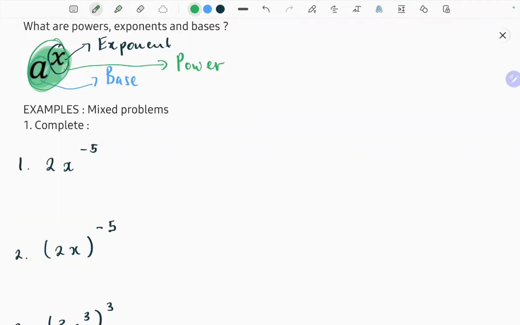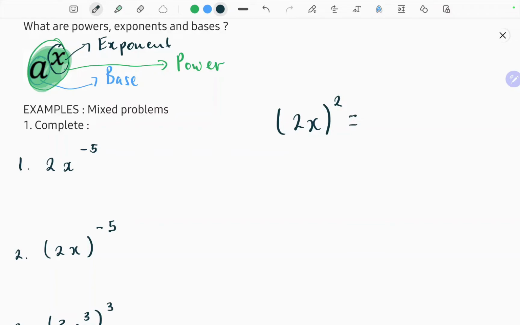Before I dive into the examples, which are mixed problems where you apply different types of laws of exponents, there's a few crucial and important laws of exponents that I need to discuss. For example, let's say we have 2x raised to the power of 2.